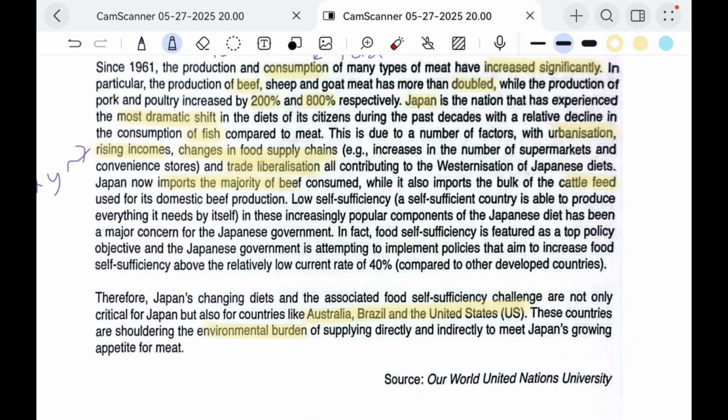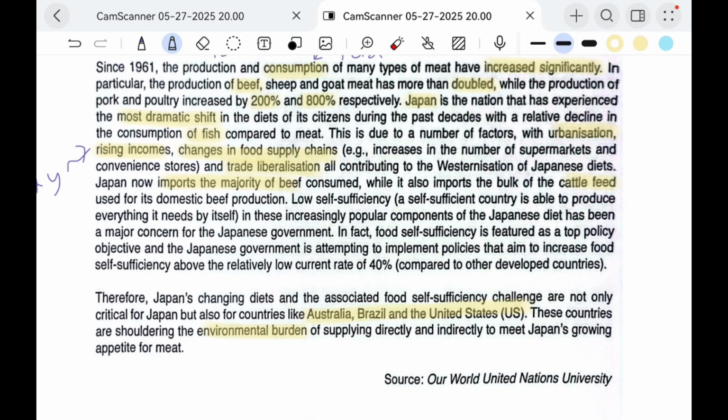Because the question talks about the negative externality happening in Japan, the negative externality that you talk about should be focusing on what happens in Japan.